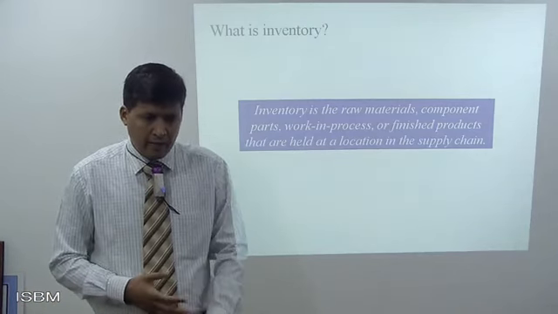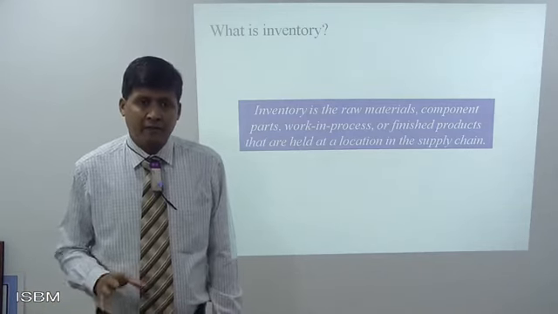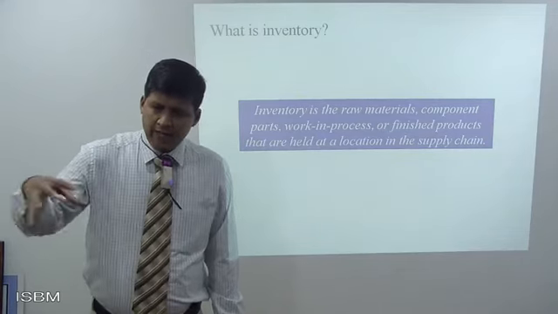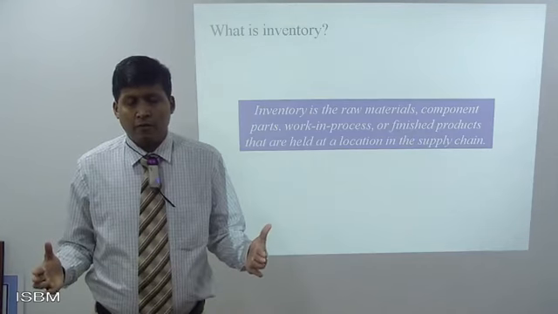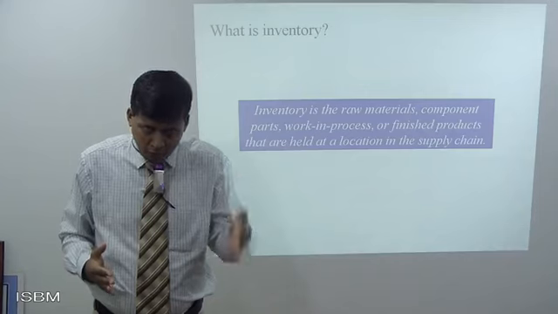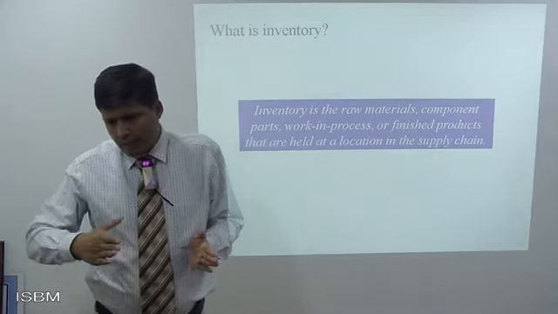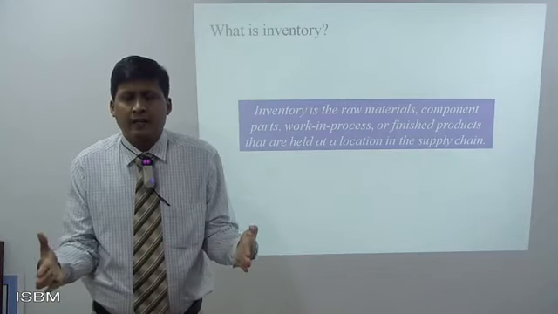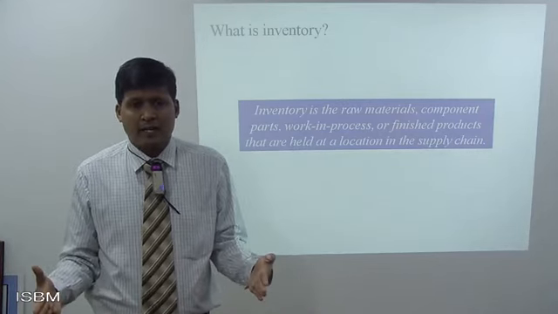Now, important to understand when we speak of inventory, friends, is that inventory is at various nodal points of a supply chain. What is supply chain? Supply chain is the whole path from the point the goods are manufactured till the point the customer buys it. The entire value chain is called supply chain.